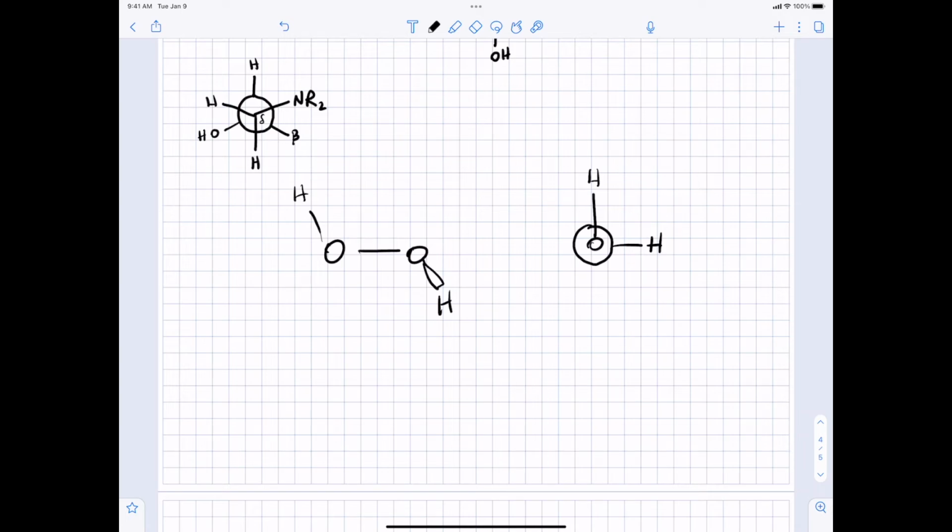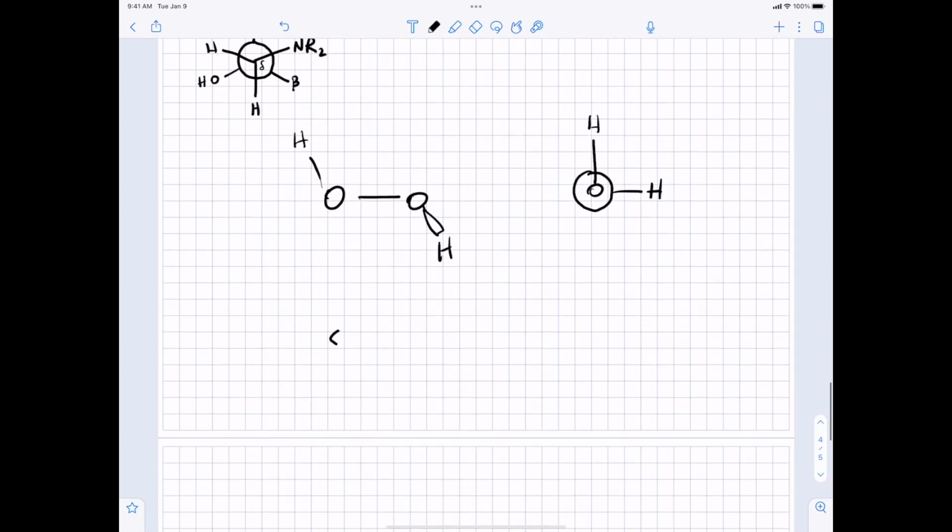And that's actually also true for disulfide bonds in proteins. These are, again, bonds between two sulfurs, and again, the preferred conformation tends to be one where the bonds are perpendicular to each other. That has to do with the lone pairs on oxygen.